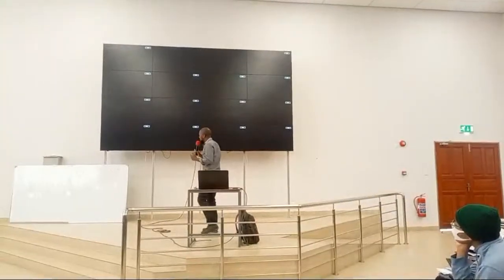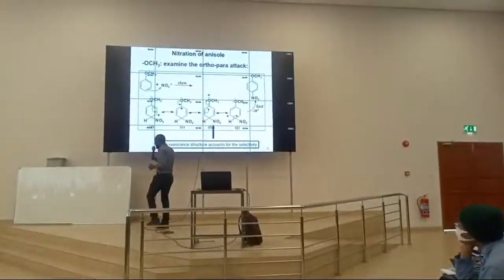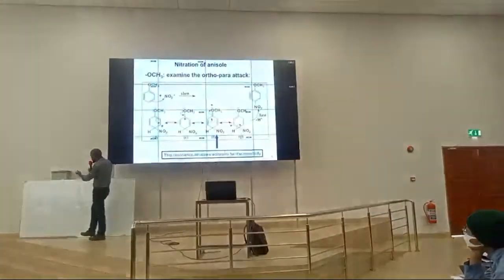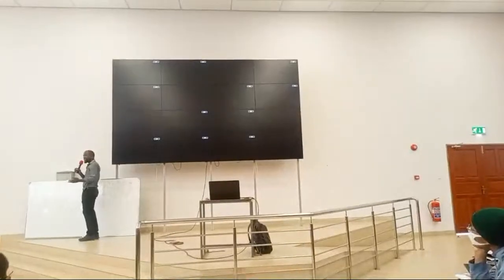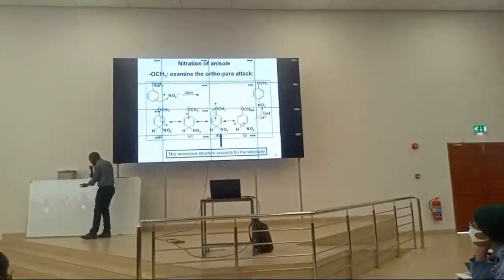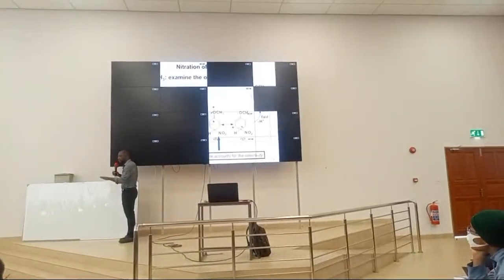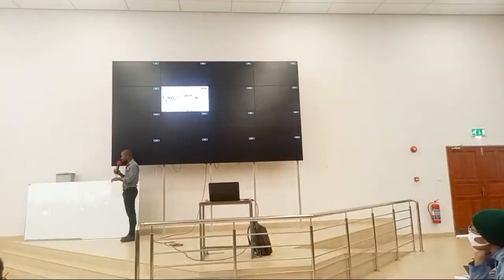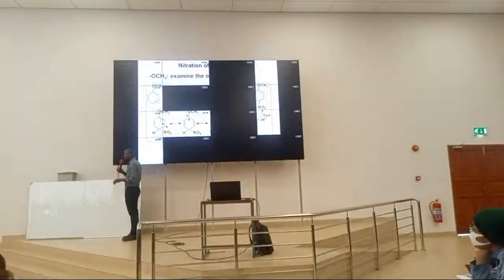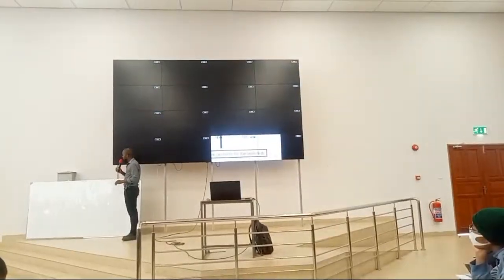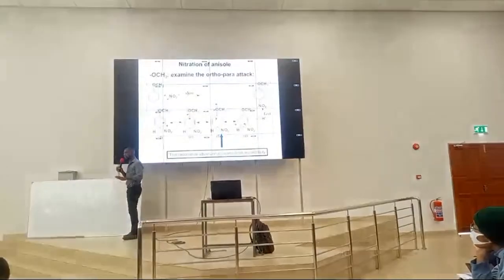And now, this actually also gives us an opportunity to explain why the methoxy itself is an activating group, because it enriches the ring system. You can see that the ring system has a cloud of negative charge because of those negative charges that are sitting on the ring system. So that tends to activate the benzene ring system.